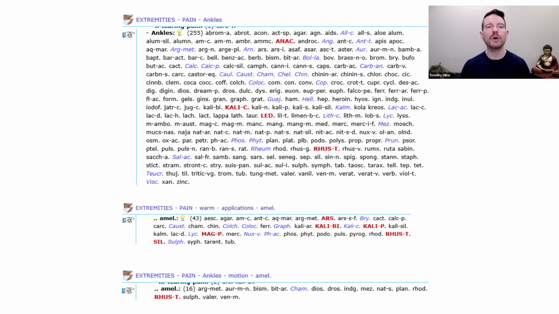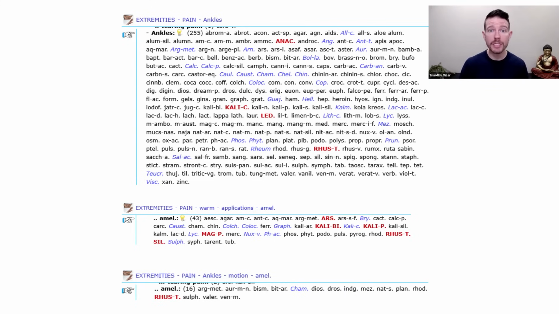Okay, so another layer of insight is that not only does the remedy match the rubrics that we use, but also the strength of that intensity. Does it really match ankle pain? Does it really match warm applications ameliorate? Does it really match motion ameliorates? Or does it just match a little bit, like, yeah, it kind of helps a little bit? So we're looking not just at what matches, but what is the intensity of the match, okay?